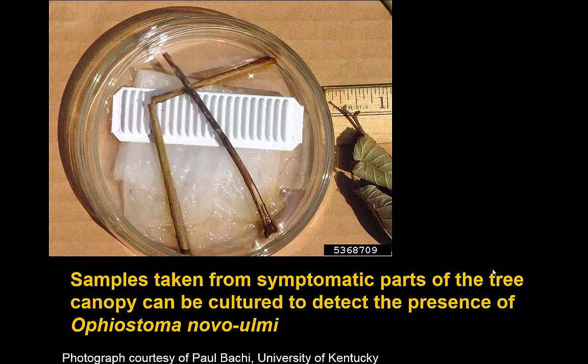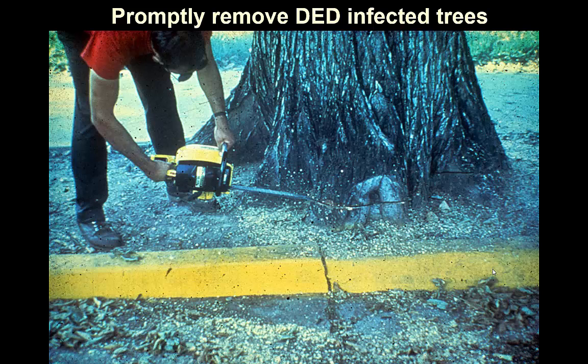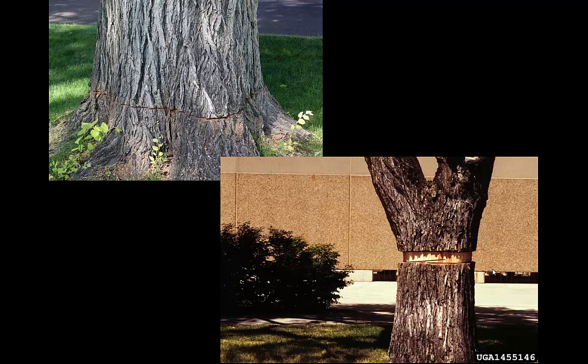If it is infected, then prompt and immediate removal of infected trees is required, and this is done as soon as possible. If it can't be done immediately, then the first thing that is often done is some sort of girdling of the tree, and that's what's being effected right here. So we also can see a couple of different girdles done at this point.